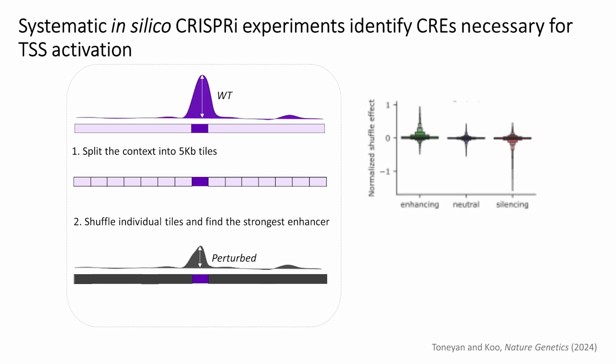Then we ask how much that affects the predictions from the model. Across different classes of sequences with different regulatory landscapes that we call enhancing, neutral, and silencing, we can see a range of different normalized shuffle effect sizes, meaning that there are enhancing and silencing tiles across these genes. This is one way to define enhancers in a model-derived manner rather than relying on experimental data.